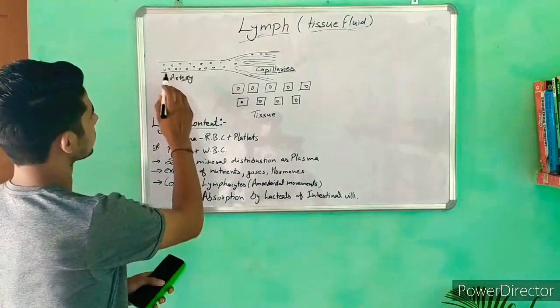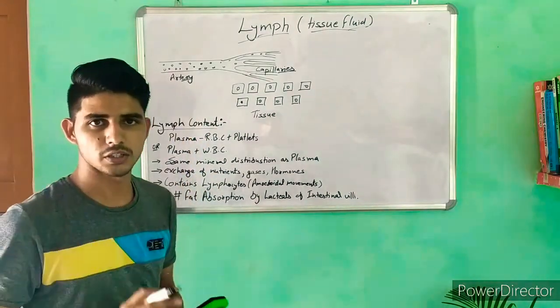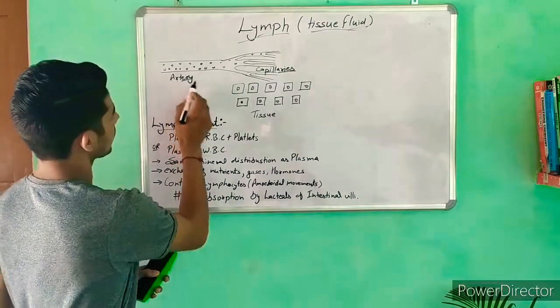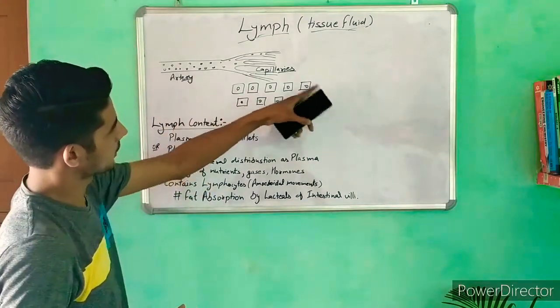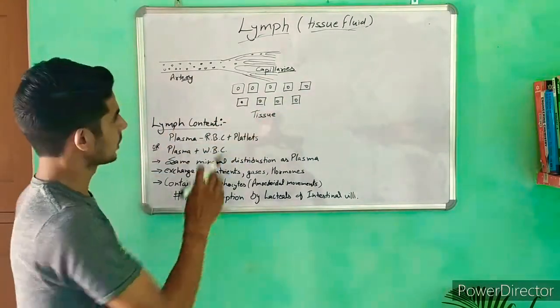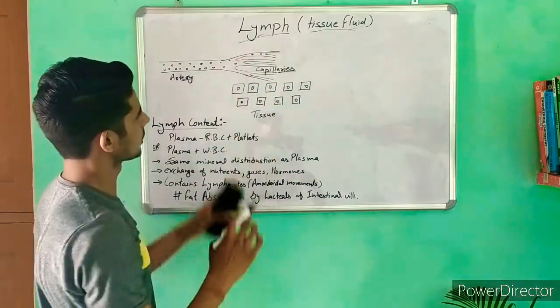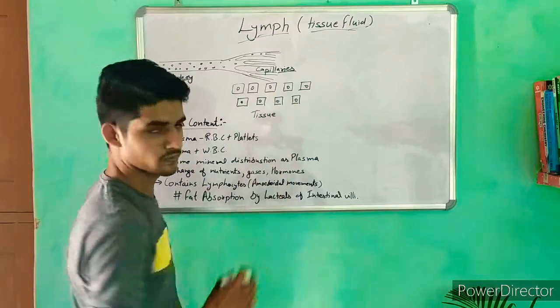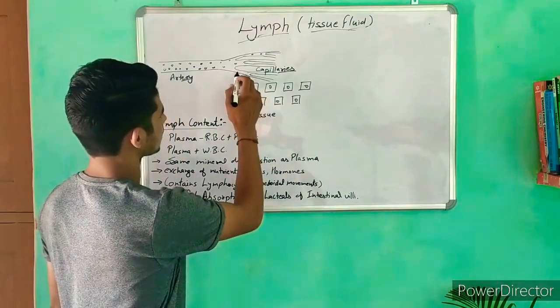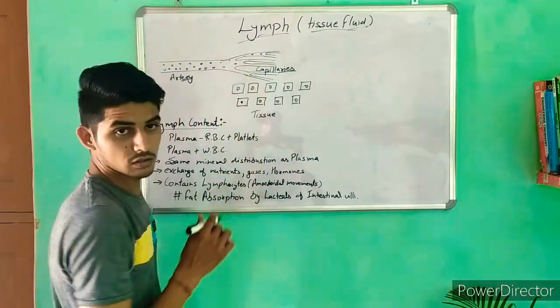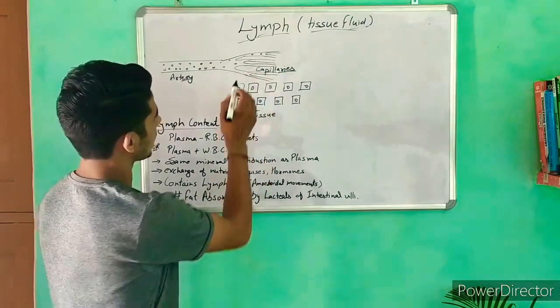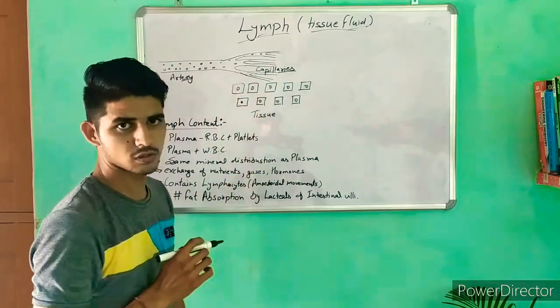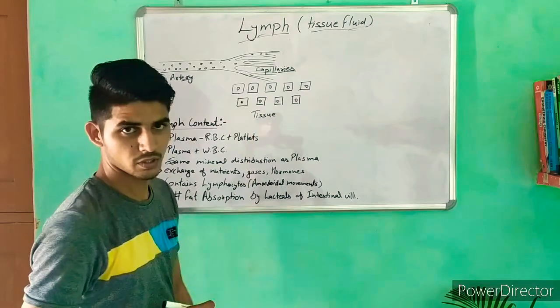As blood flows in the arteries, at the site of tissue it gets distributed in small vessels called capillaries. These capillaries have a small radius but a large diffusion and have pores.